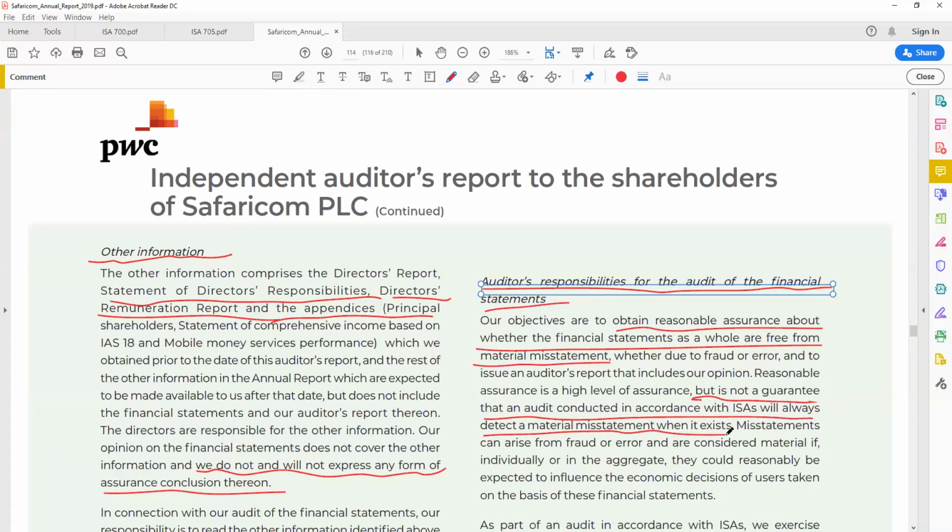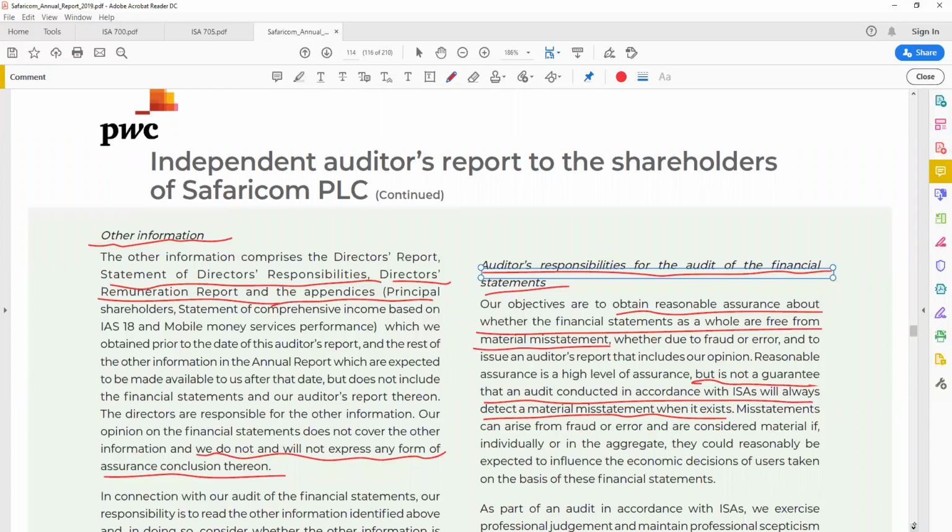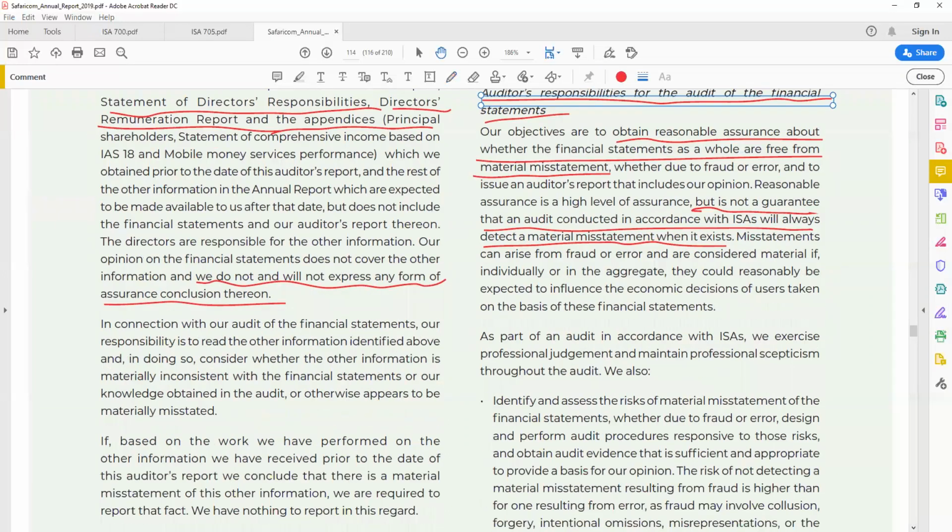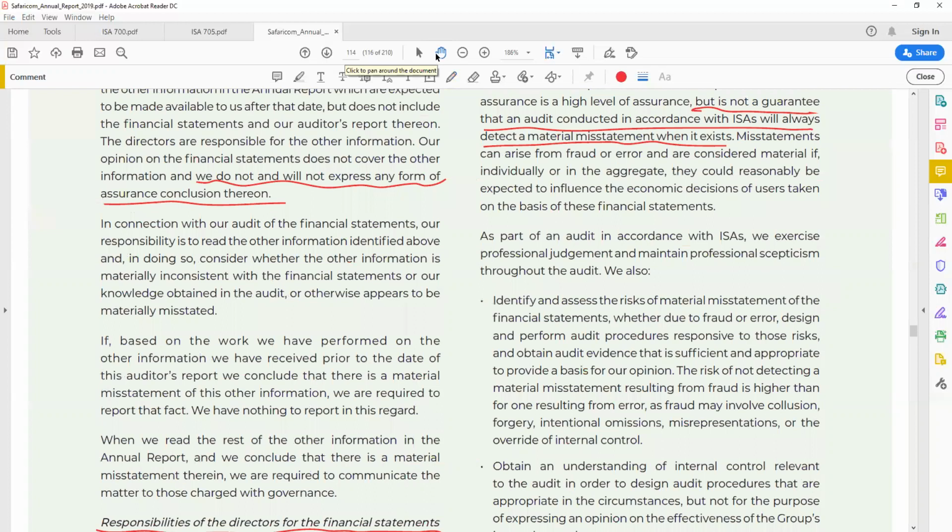So this is an attempt by the auditor to reduce that expectation gap. It doesn't mean that since I've done the audit, it gives an assurance to you that the accounts of the company have zero misstatement. So you're simply trying to reduce the expectation gap, and to tell the users what you did during the audit.